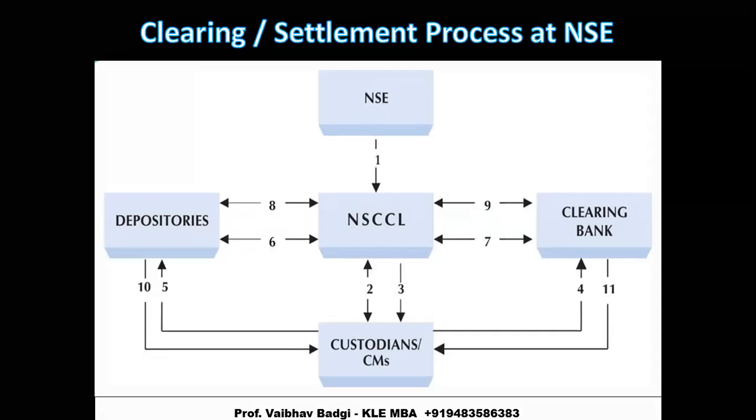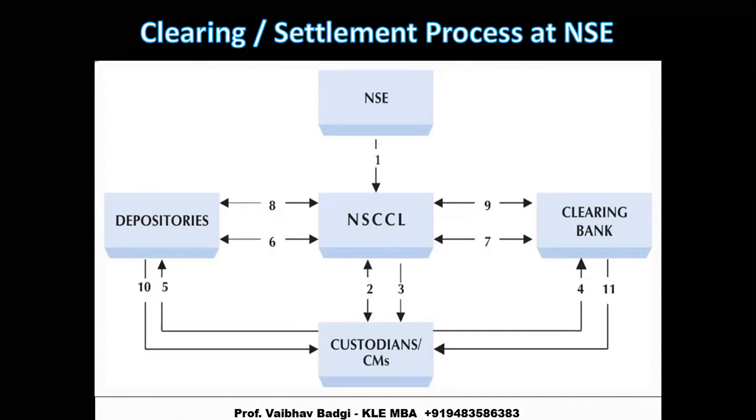At point number 8 and point number 9, NSCCL tells the depository that the money has been received, and also tells the clearing bank that the shares have been converted into electronic format and are ready for delivery. At point number 10, the depository informs the custodian that money has been received and the shares are ready for delivery. At point number 11, the clearing bank gives a confirmation to the custodian that money has been received, and you can process the shares. When everyone has given confirmation, finally these shares are released by NSE and come to Vishaka through her demat account in the next couple of days.